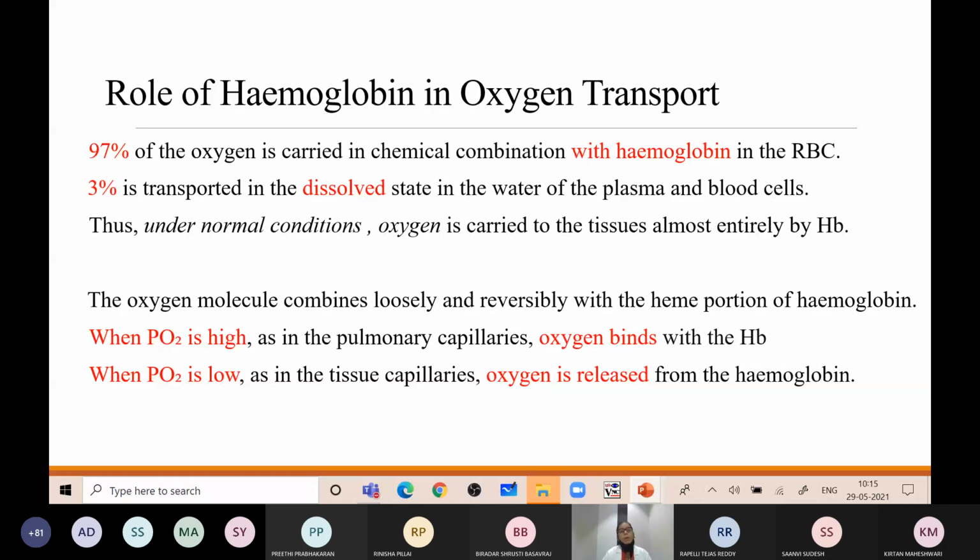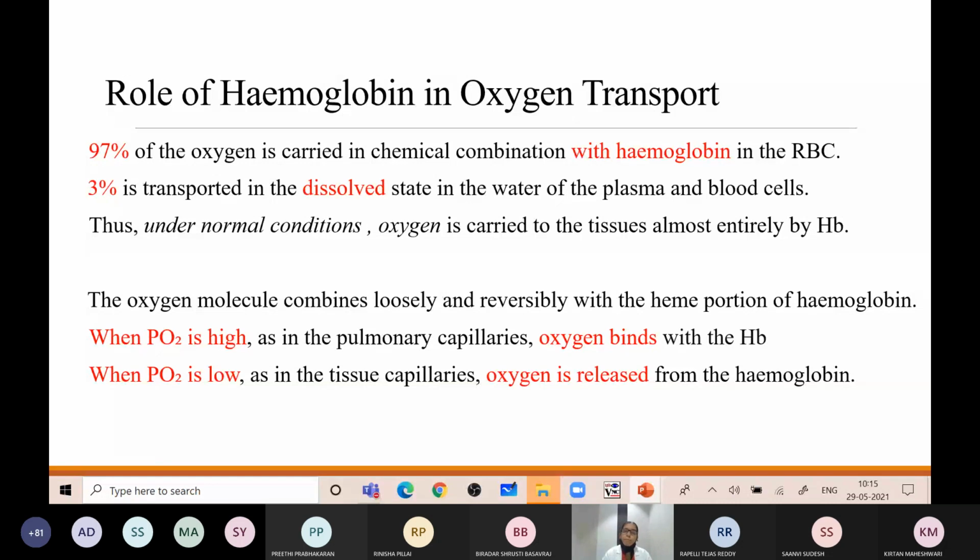The oxygen molecules combine loosely and reversibly with the heme portion of hemoglobin. Here one more point you must know. You must recall the hemoglobin structure. What's the structure of hemoglobin, and how many iron atoms are present in one molecule of hemoglobin?